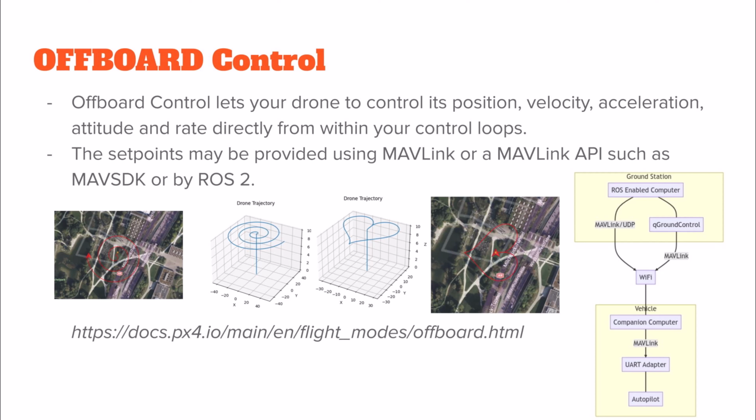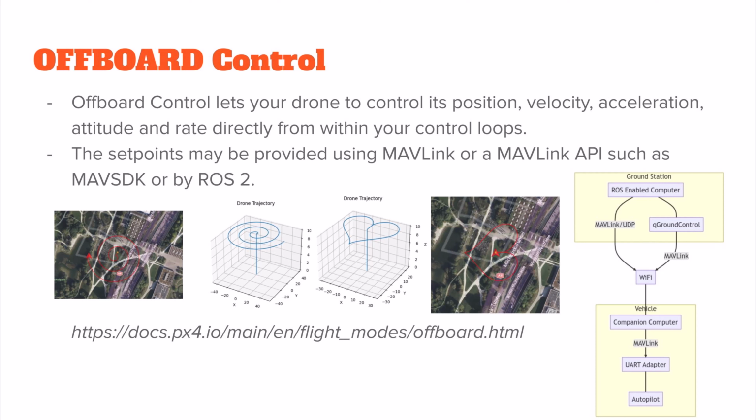There are two ways you can use offboard control. One is sending the commands in real time to your drone using telemetry, which is not very reliable. And another solution is having a companion computer on your drone, such as a Raspberry Pi, or Jetson Nano, or any other companion computer available.